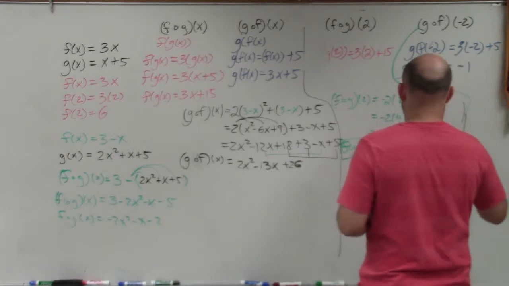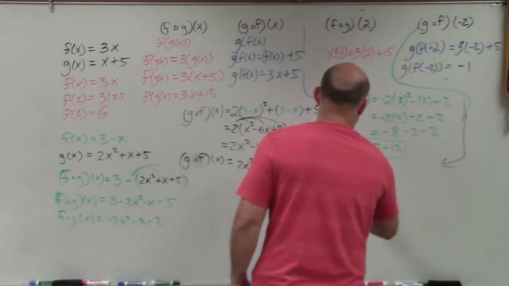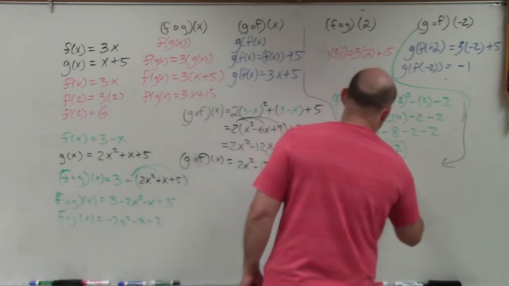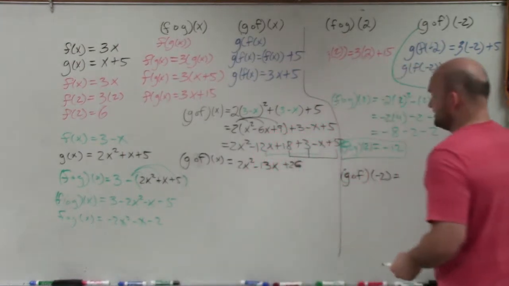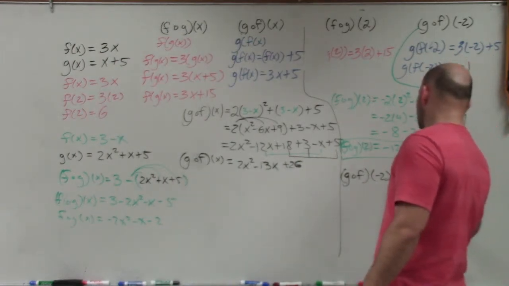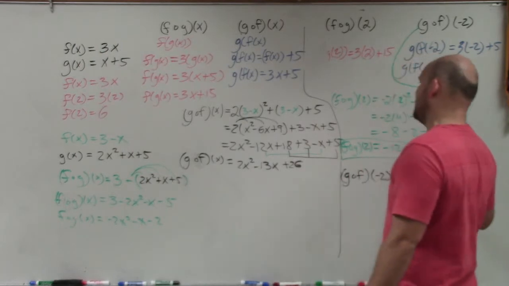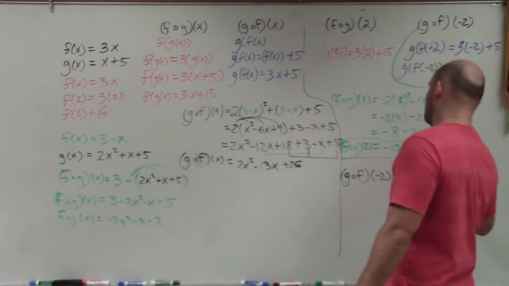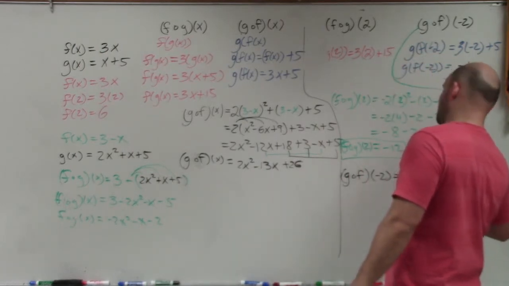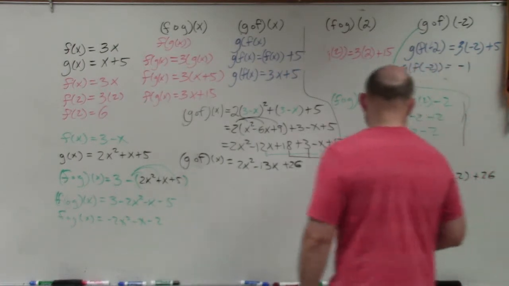So now let's do g of f of negative 2. I'm going to take this function and plug in negative 2. So I'm going to have 2 times negative 2 squared minus 13 times negative 2 plus 26.